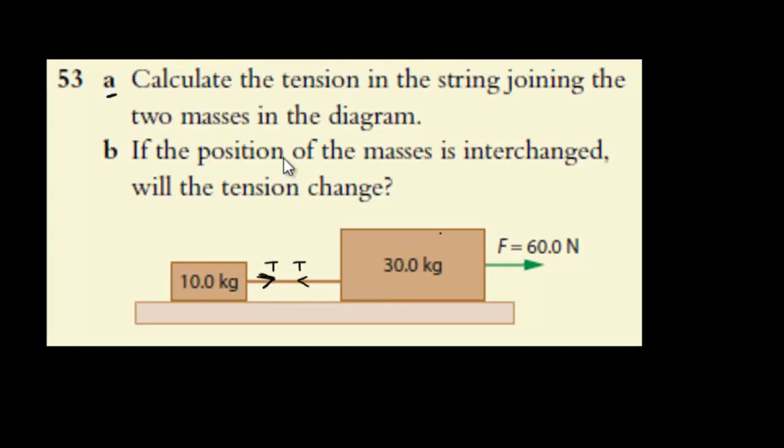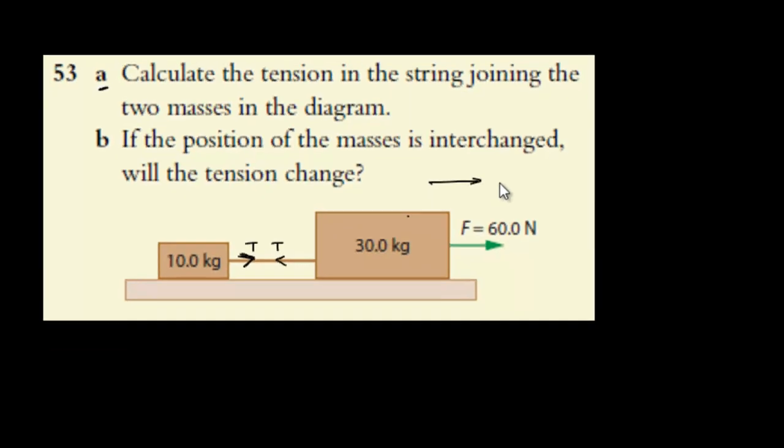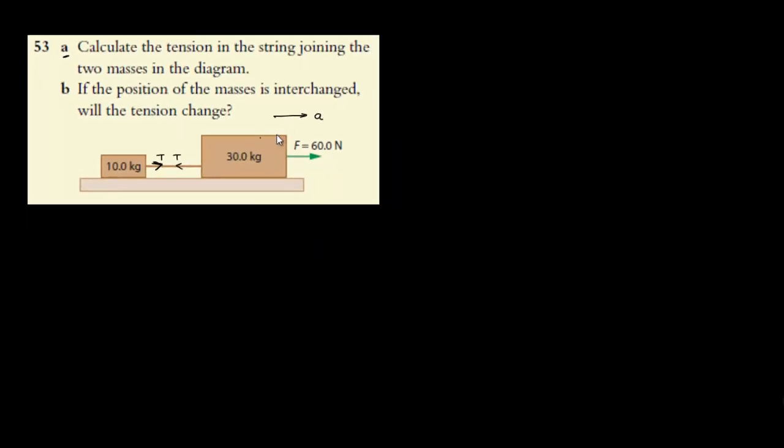So what next do we have to do? In order to find the tension under this applied force, first of all we will calculate the combined acceleration of the system. In such situations you have to find the combined acceleration of the system first. Let a be the combined acceleration of the system, and the external applied force is 60 Newton.